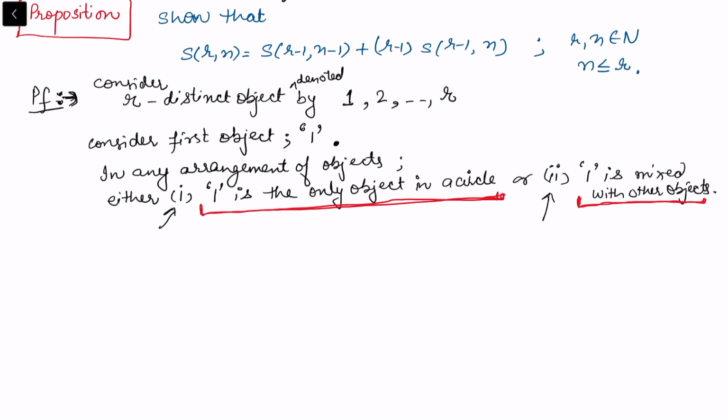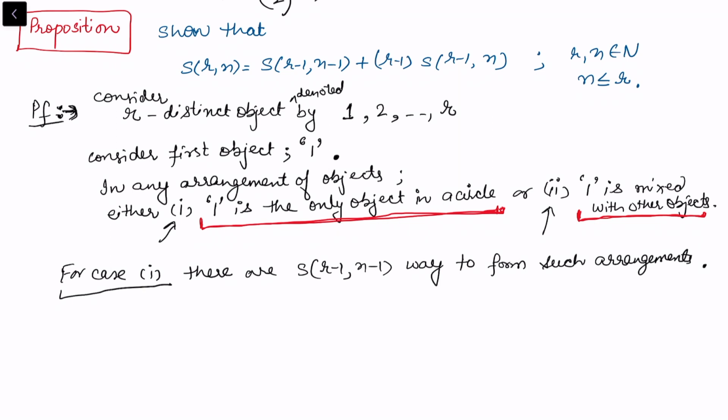For case 1, how many objects do we have left to place on the tables? 1 is already there. So there are S(R-1, n-1) ways to form such an arrangement, because whenever we say that 1 is the only object, 1 is placed on that table and the remaining are R-1 objects and n-1 tables.